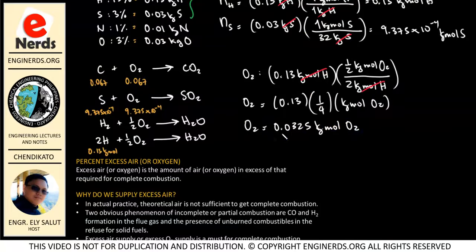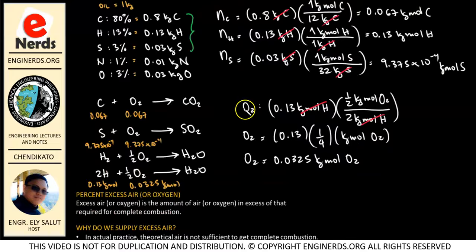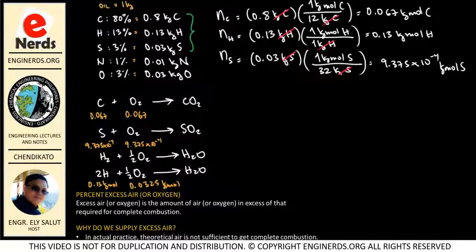So, we have the value of the number of moles of O2: 0.0325 kilogram mole of O2. Let me erase this calculation since we've already placed the answer here. Now, let's see our theoretical O2, which is the amount of oxygen required for complete combustion.